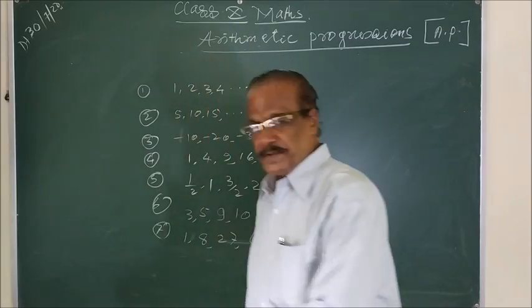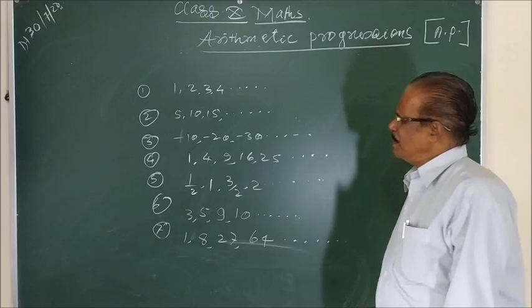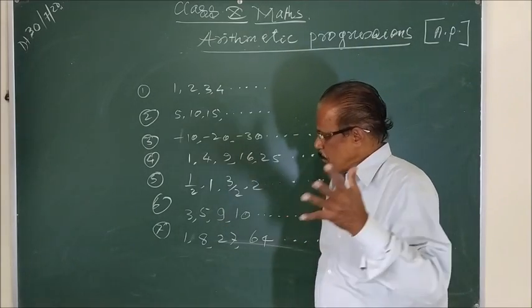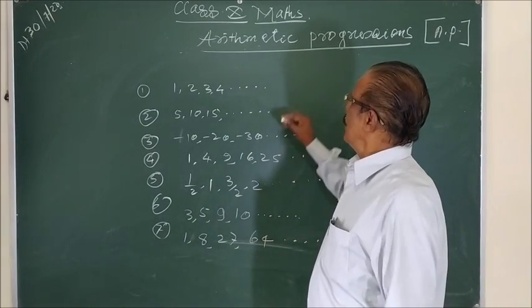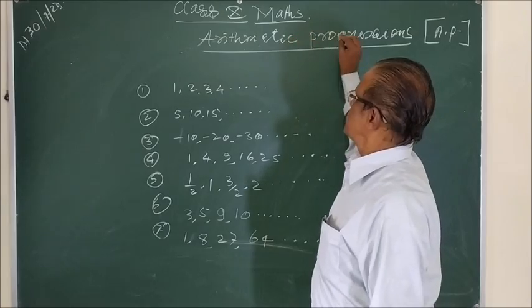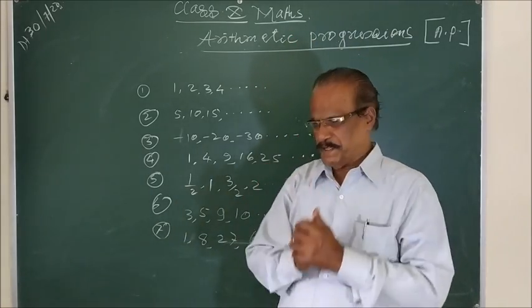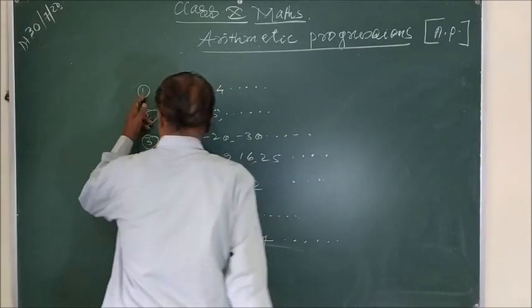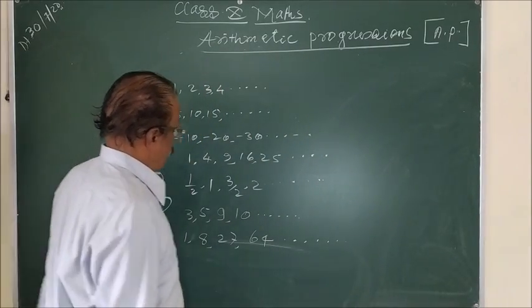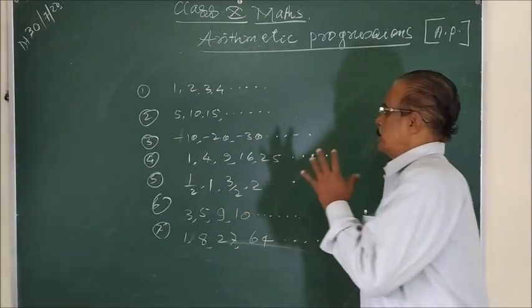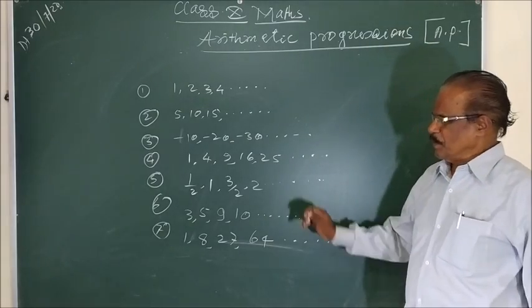So far as maths is concerned, I would like to explain this AP by giving some examples. You can see here we have some numbers listed. Total we have 7.